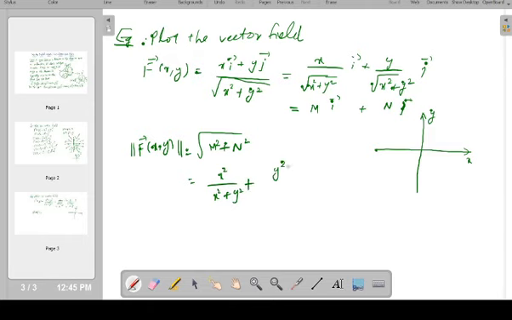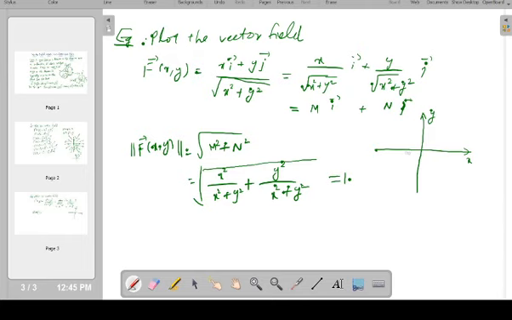It is y square by x square plus y square, then square root of that. So what you will get? This is equal to 1. So at the origin it is not defined, but at every other point you have to draw a vector whose magnitude is equal to 1.